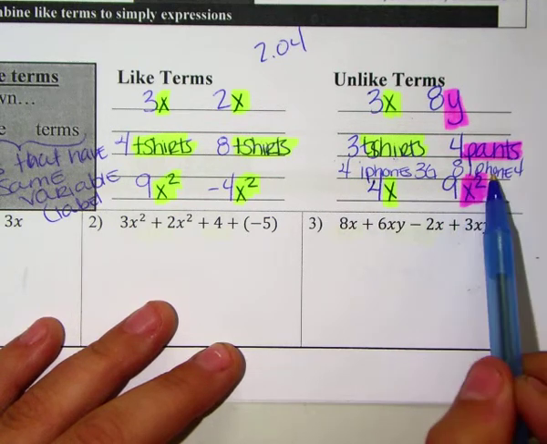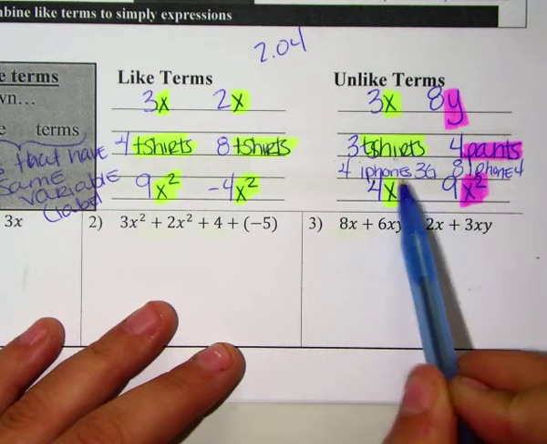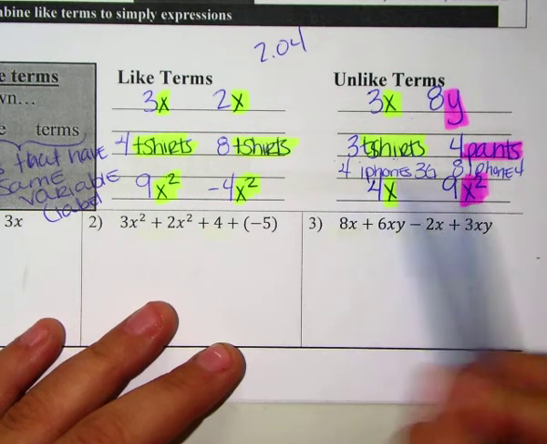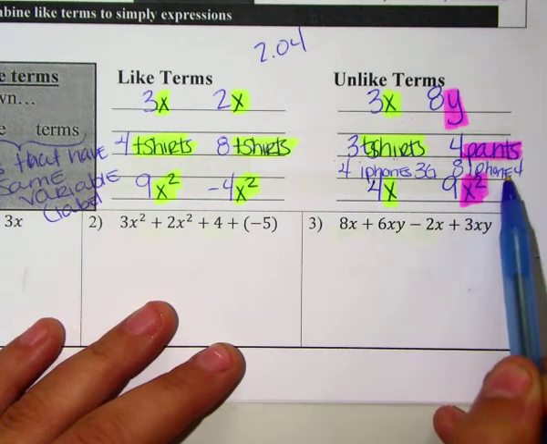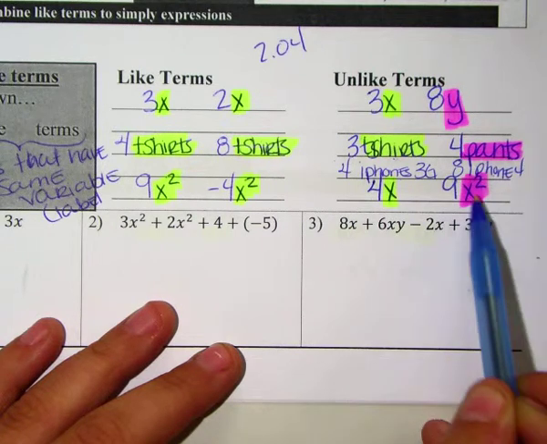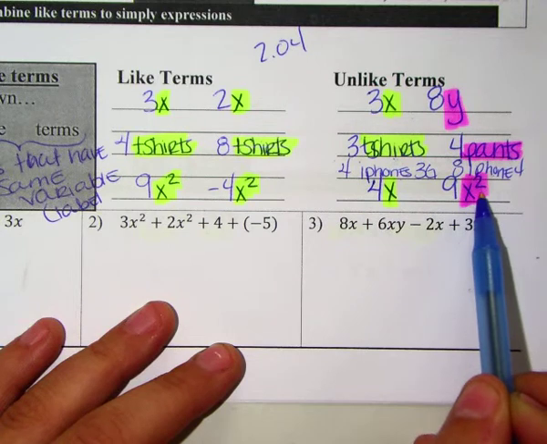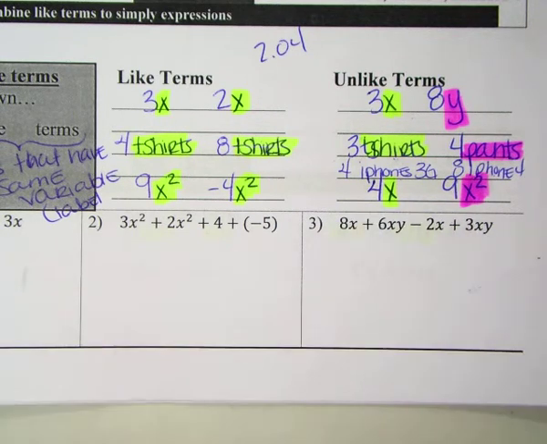No way. An iPhone 4 is a different product than an iPhone 3G. So even though they both are iPhones, this is a different generation. So the x squared is kind of like a different generation of the x. It's the second generation, whereas this is just the first generation.